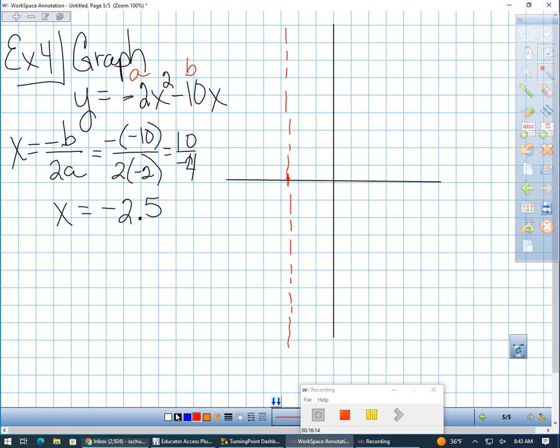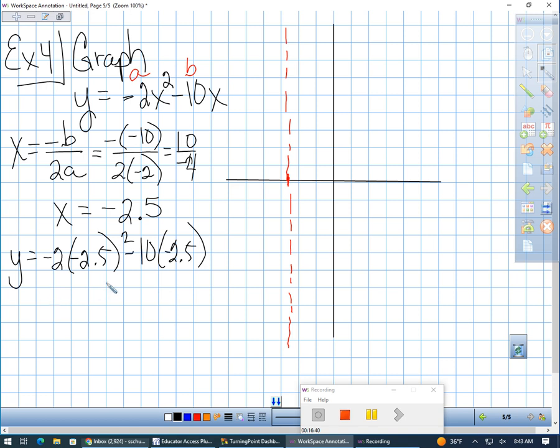Step 2 is to find the vertex. So what am I plugging in to figure out what the vertex is? Negative 2.5. So you're plugging it in here. So I have y equals negative 2 times negative 2.5 squared minus 10 times negative 2.5. Kaylee, tell me what you got. 12.5.